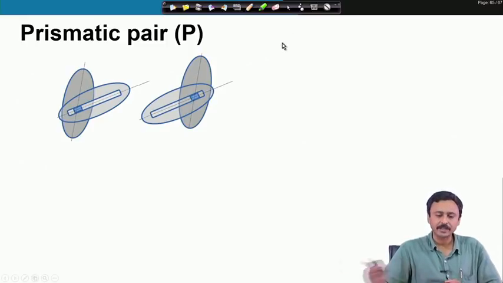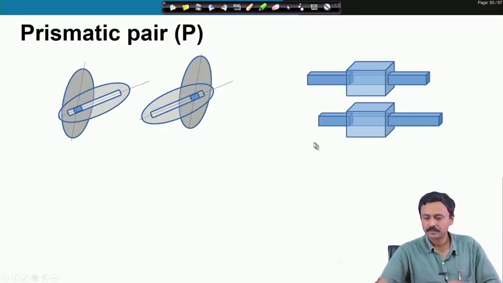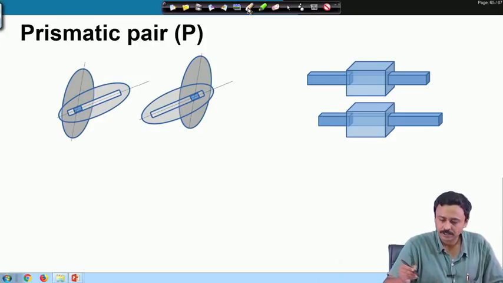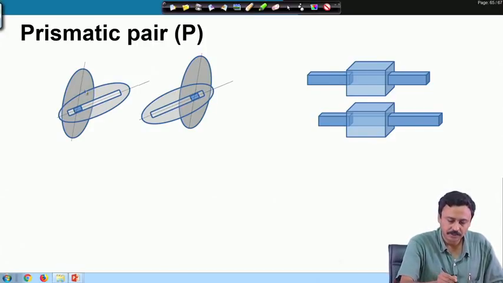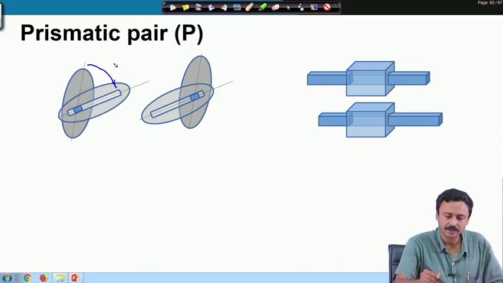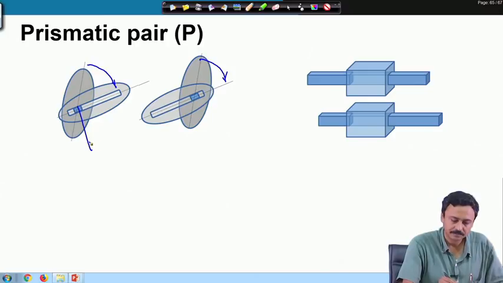Next we come to the prismatic pair. A 3-dimensional visualization is shown on the right. Here as you can see, this angle remains fixed, but what changes is the sliding.